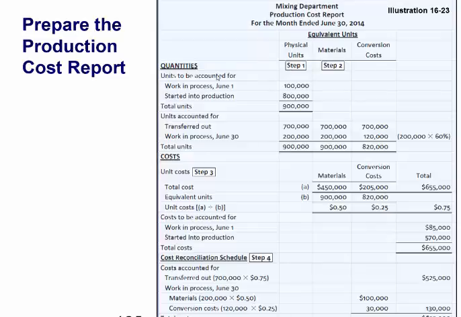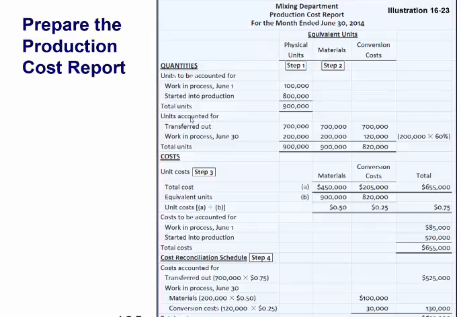These are the actual physical units. Work in process June 1, 100,000 units were brought forward from May. In the month of June, we started another 800,000 units. Add those two together to give us the total physical units.